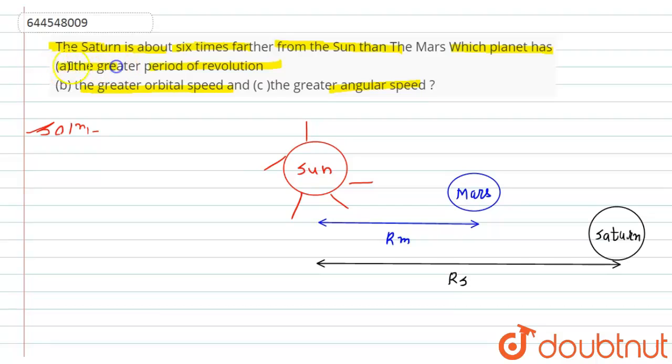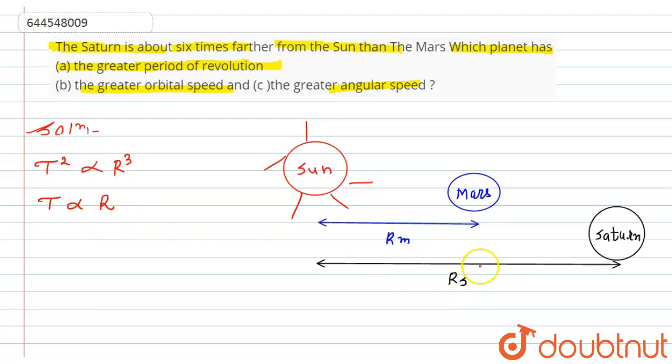The first one is the greater period of revolution. For this, by Kepler's law we know that the time period T squared is directly proportional to the radius cubed, that is R cubed. That means we can say that the time period is directly proportional to R to the power 3 by 2. So to get a greater time period of revolution, the radius should be greater.